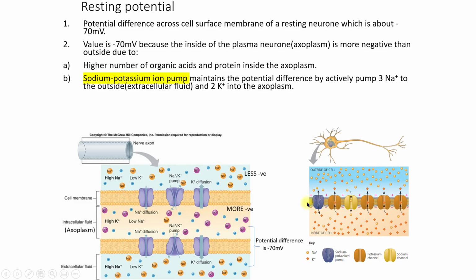So you can see this sodium potassium ion pump here. It actively pumps 3 sodium ions into the extracellular fluid and pumps 2 potassium ions into the cytoplasm.